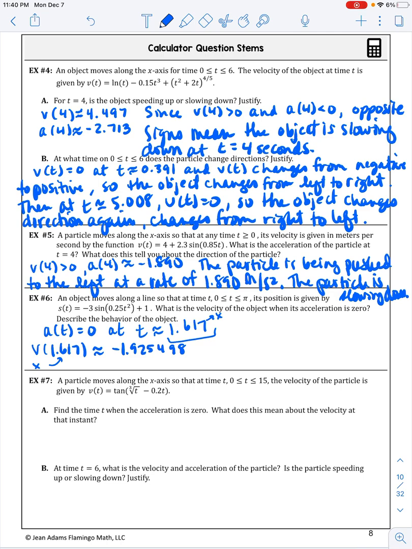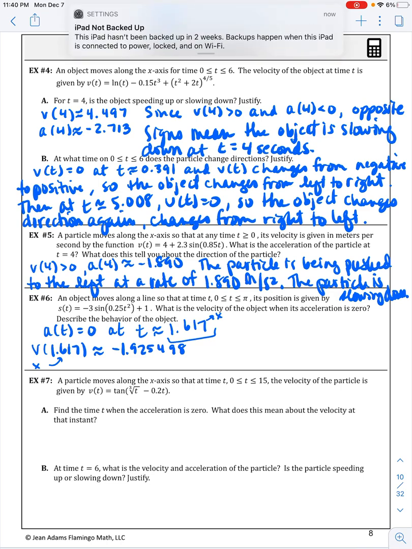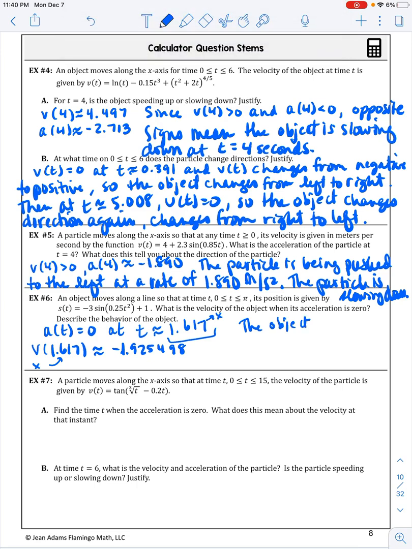But the object is moving to the left at t equals 1.617 when the acceleration is 0 because of that negative. So the object is moving to the left. Oh my gosh, sorry about that, guys. To the left at t equals approximately 1.617 when the acceleration is 0.